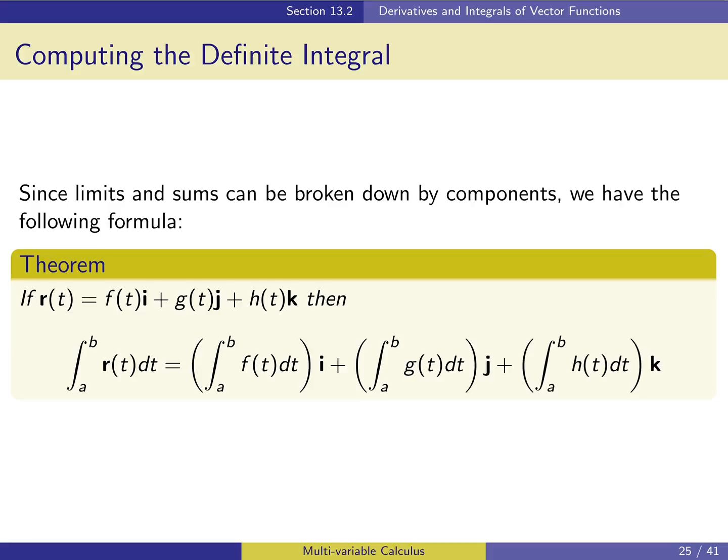So if r of t is equal to f of t times i plus g of t times j plus h of t times k, then the definite integral of r of t can just be computed as the definite integral of f times i plus the definite integral of g times j plus the definite integral of h times k. So just like we differentiated each component in order to find the derivative of the vector function, we can integrate each component in order to find the integral of the vector function.